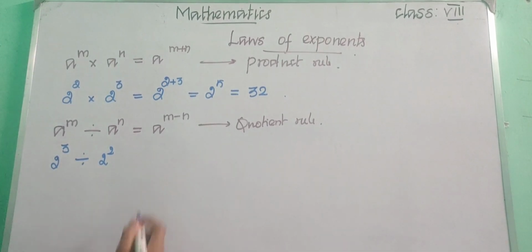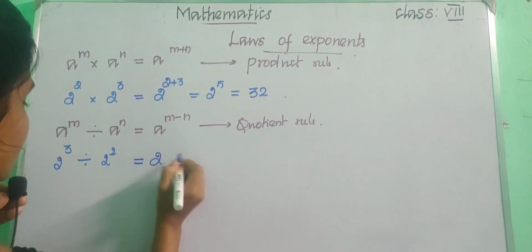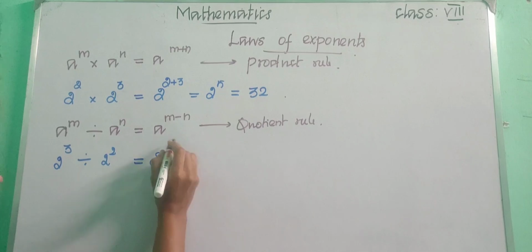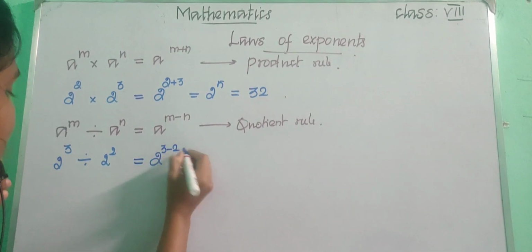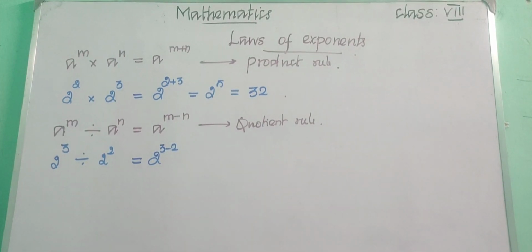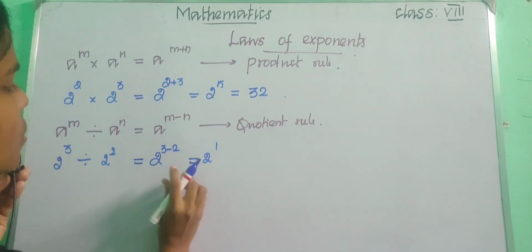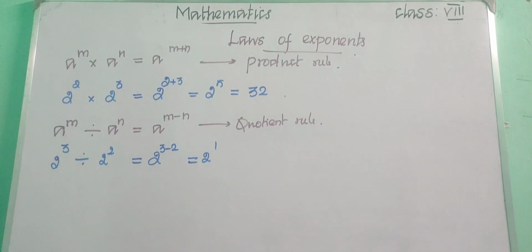We need to put the same base, the base is 2. Here we are having divide symbol, so we need to subtract the powers. So 3 minus 2. What we got? The answer is 2 power 1. 3 minus 2 is 1, so 2 power 1 is the answer. Okay, children, is it clear? This is called quotient rule.